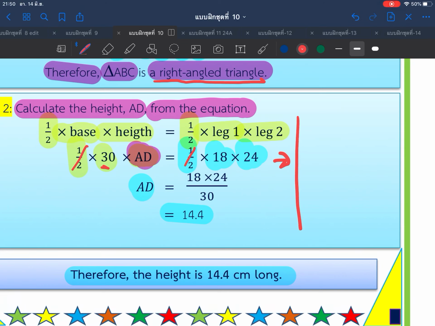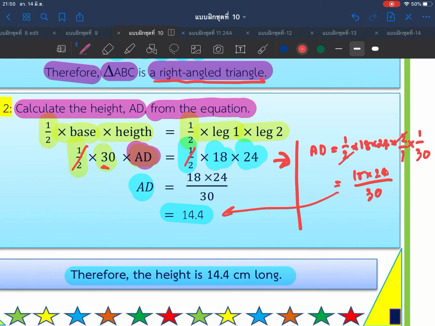AD is going to be a half times 18 times 24 times 2/1, and also times 1/30. So 2 cancels 2, and you have 18 times 24/30, like this, and then you get this.